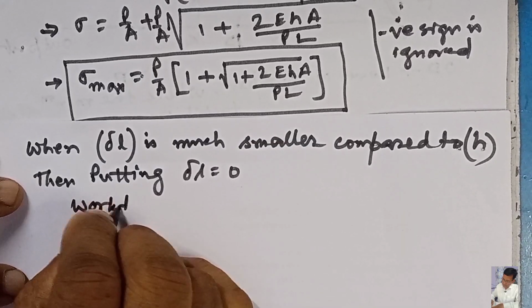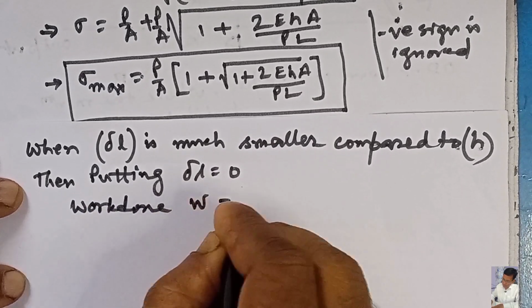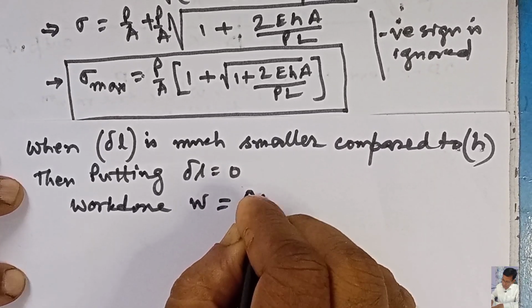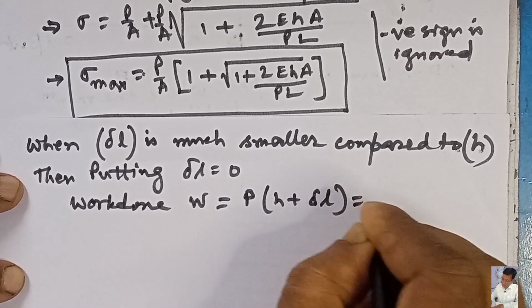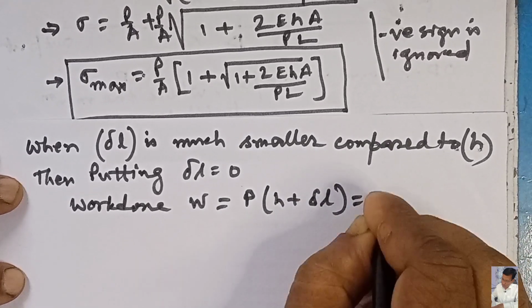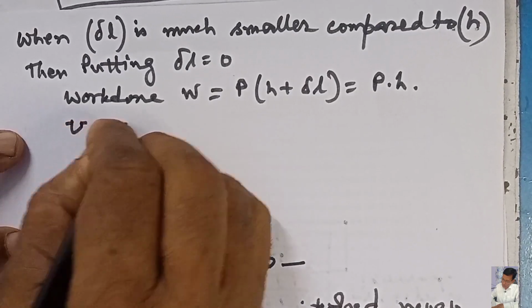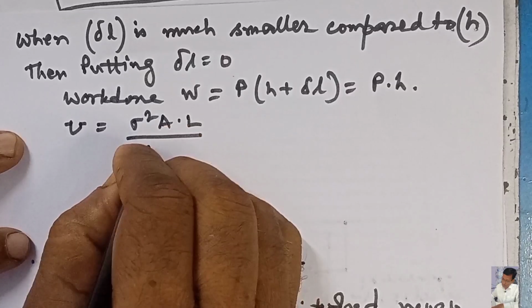Work done, W is equal to P into (H plus del L) is equal to P into H. U is equal to sigma square A into L divided by 2E.